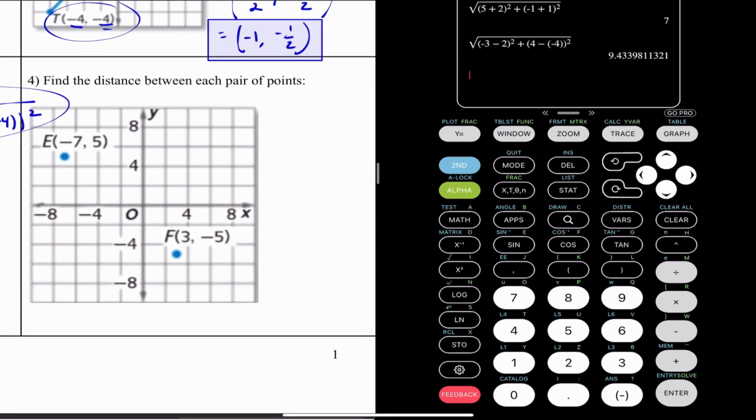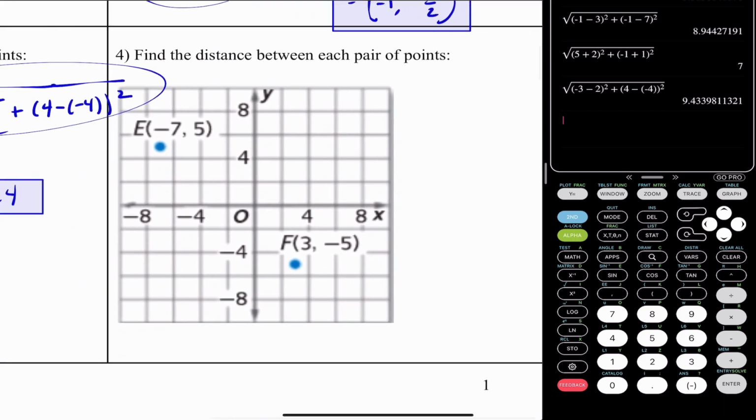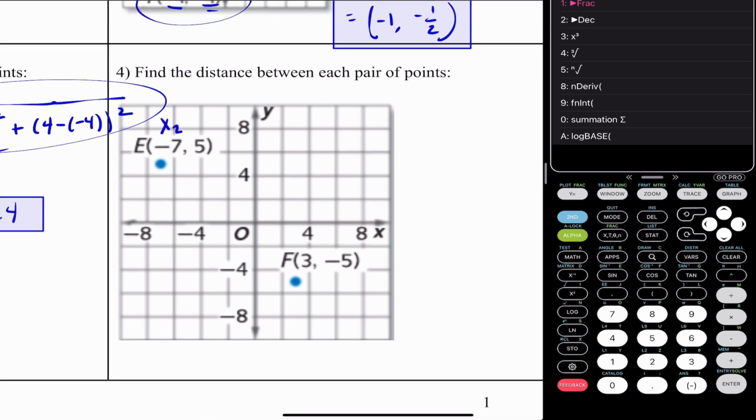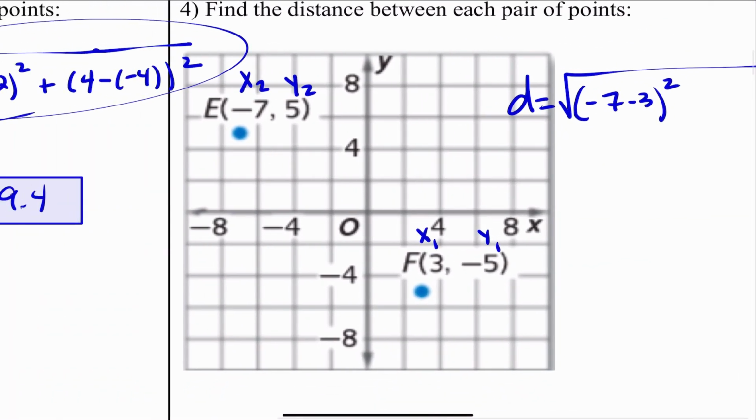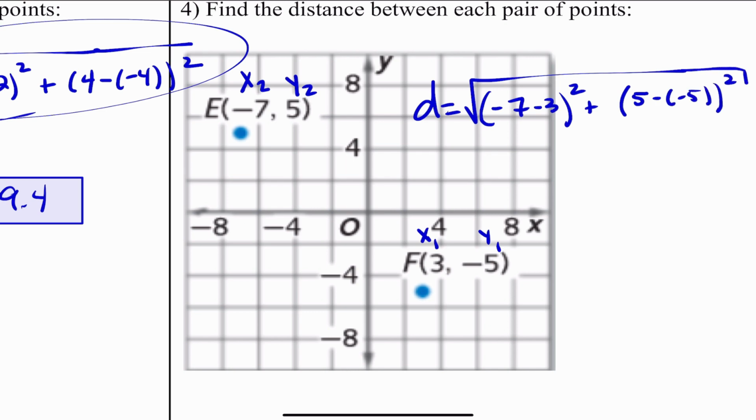Now, let's go ahead and do this problem. So it's just me doing the same thing. I'll call this x2, y2, x1, y1, and d is equal to the square root of negative 7 minus 3 quantity squared plus 5 minus negative 5 quantity squared.